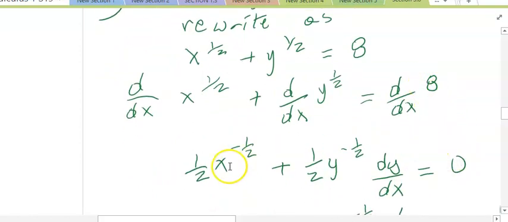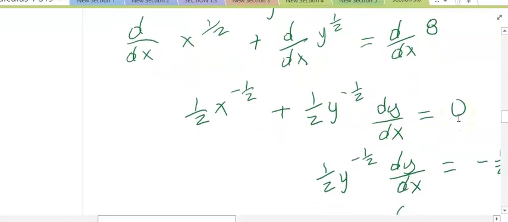Derivative of a constant is 0. Derivative of x to the 1/2, that's a power function, that's going to be equal to 1/2 x to the negative 1/2, plus derivative of y to the 1/2, that's going to be 1/2 y to the negative 1/2, then keep your dy/dx there. That's what we are intending to find.